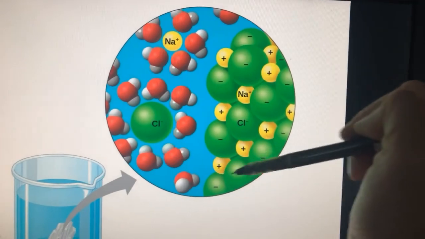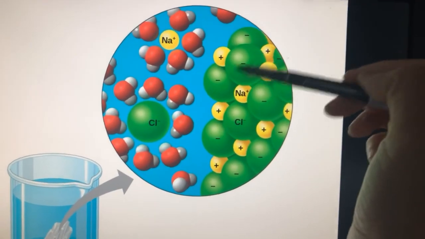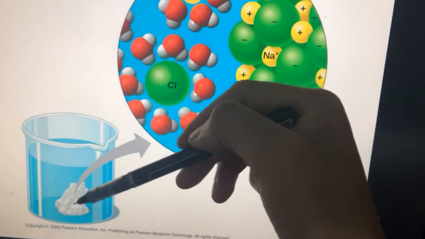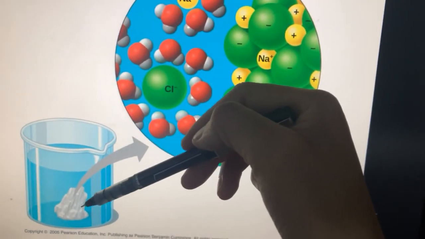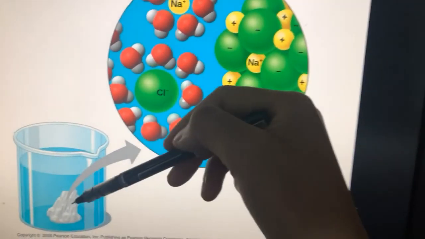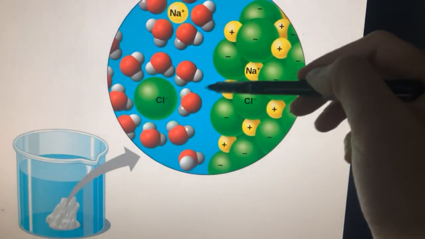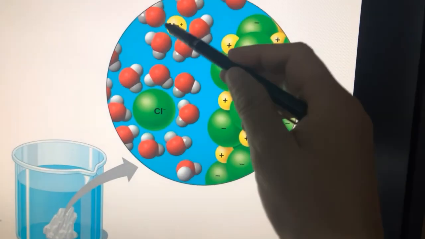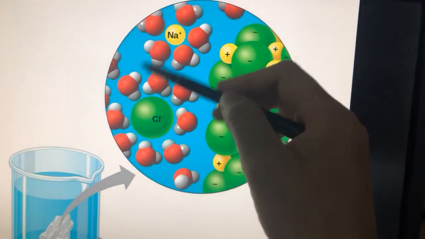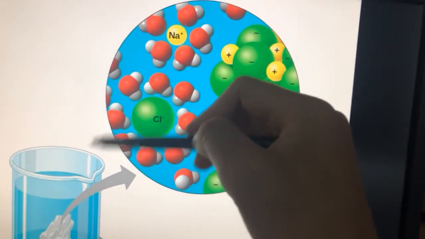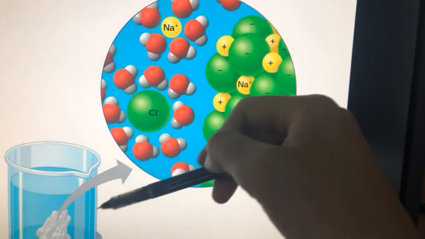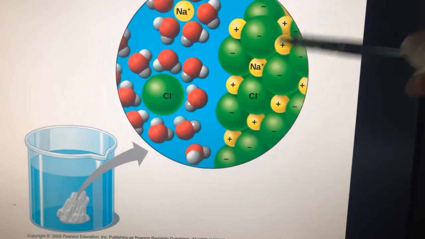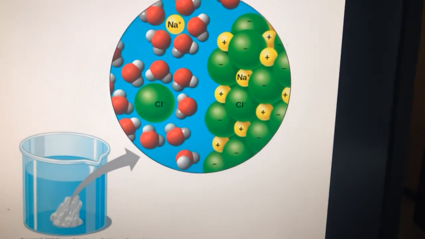So it's taking this ionic substance with all these ions stuck together in this big chunk, and if you let this sit, even if you don't stir it and you let it sit over time, eventually that chunk will be gone, because those little water molecules will keep on picking away at this and surrounding each one of the ions, and eventually you'd have all the ions equally spread out throughout your water, and then you wouldn't see the solid at all. That's your ionic substance.